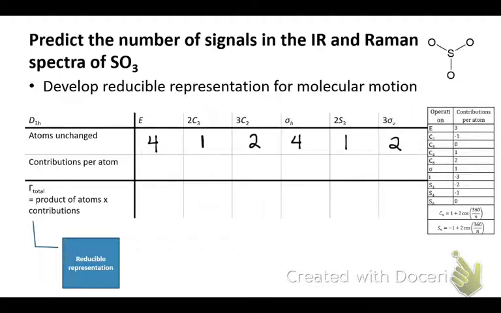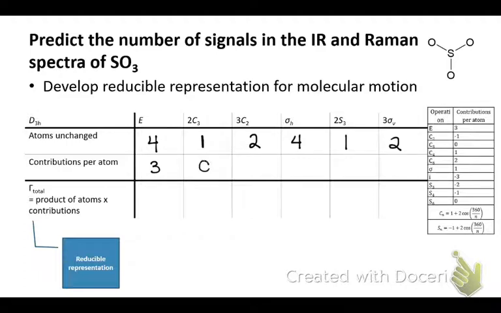Okay, so now we need to figure out how each of those unchanged atoms contribute to the total degrees of freedom. And so we have a row here for something called contributions per atom. Now you can see there's a little chart on the right that gives us the contributions per atom for each of the symmetry operations. So in the case of the identity operation, we see that E gives us 3 contributions per atom, so we'll put a 3 in that box.